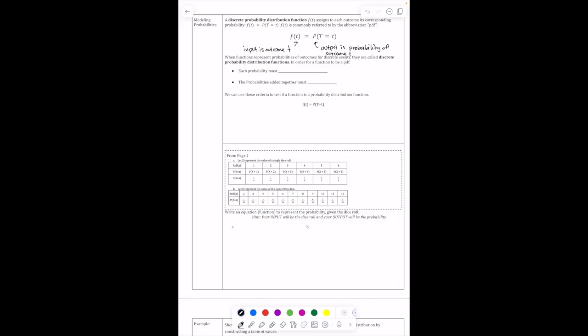And so something that's going to be true for our probability distribution functions is each probability has to be between 0 and 1. Otherwise, it can't be a probability. And then another thing is all of the probabilities must add up to 1.